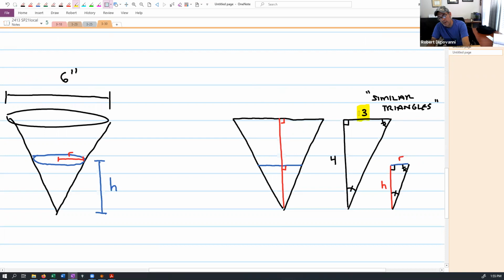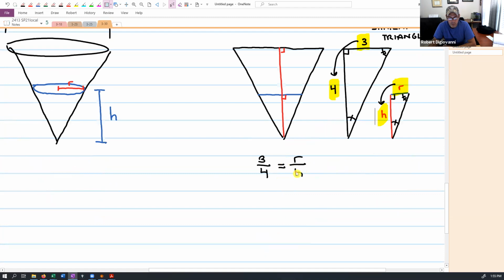If I take 3 and divide it by 4, I will get the same ratio as taking the R and dividing it by H. See, these are corresponding sides. These are both the short sides of the triangle. So if you take the short sides and divide by the longer of the two, you should have an equal proportion.